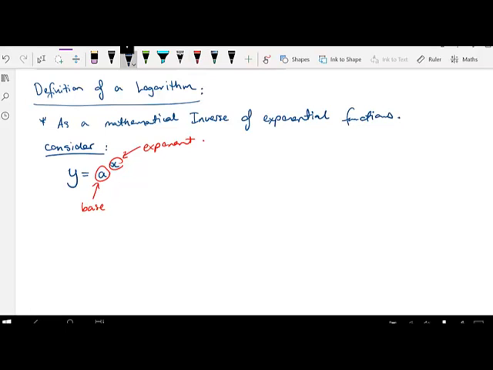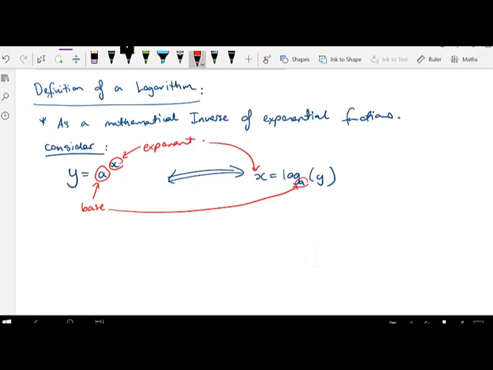Now if we want to write this in a logarithmic form, we can rewrite that as x is equal to log base a of y. So now what we're saying is that the exponent is equivalent to log base a of y.